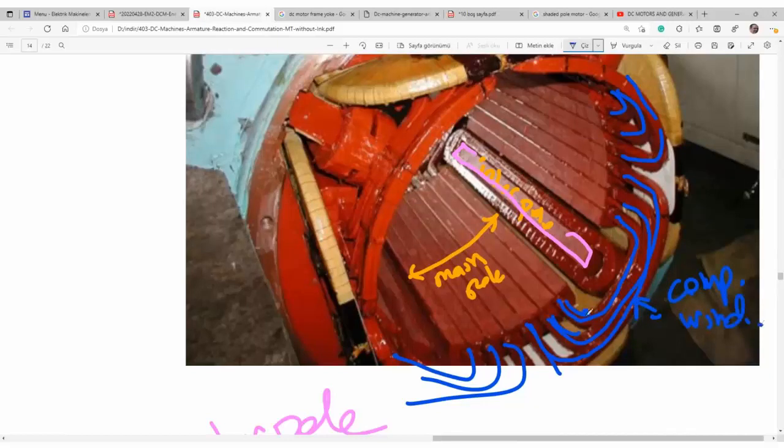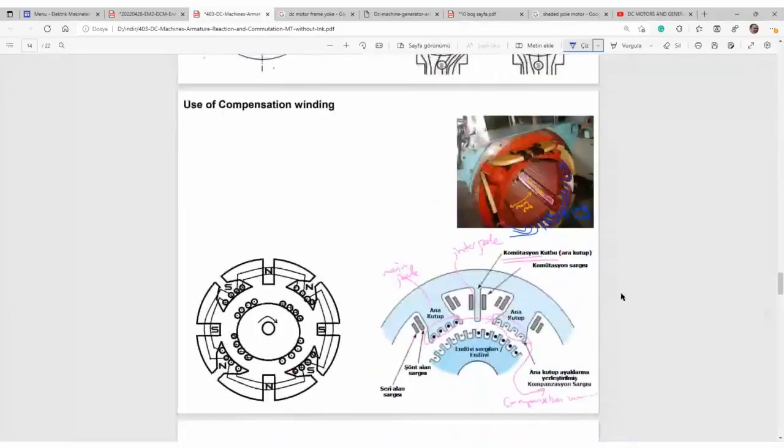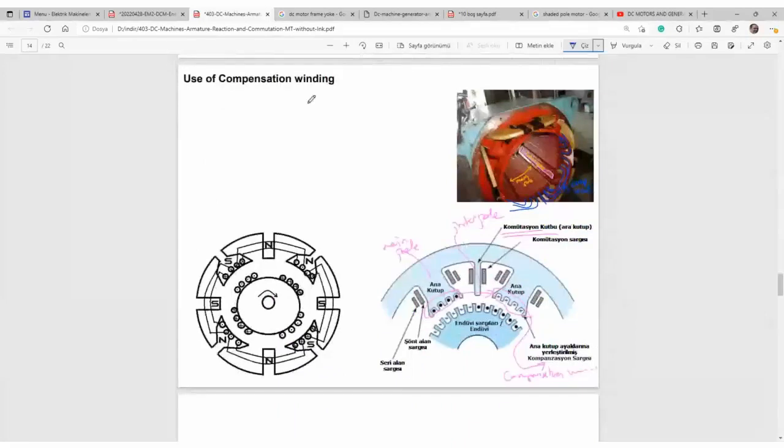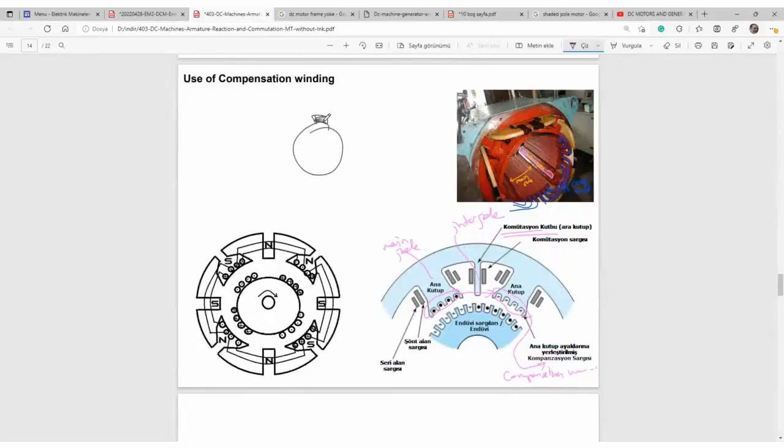Compensation winding and interpoles are connected in series, and the winding is connected to the armature in series. Let me show again. Here is the armature. Let's say dynamo or motor, it doesn't matter.